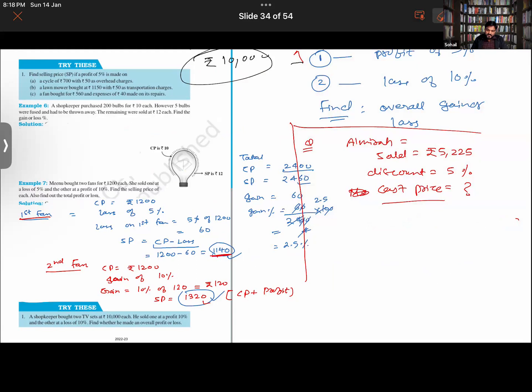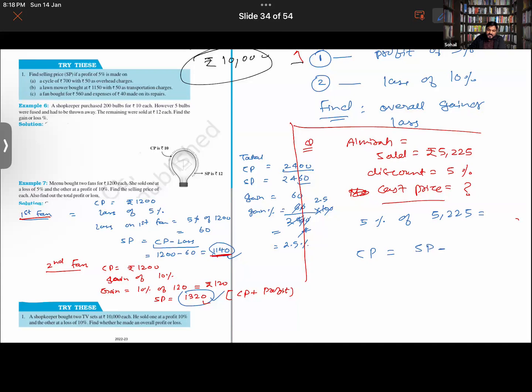Yeah, Arhan, any idea? So we can find the 5% of 5,225. Exactly, we can do that and add the value. Basically we will find 5% of rupees 5,225. And we know cost price is basically what?